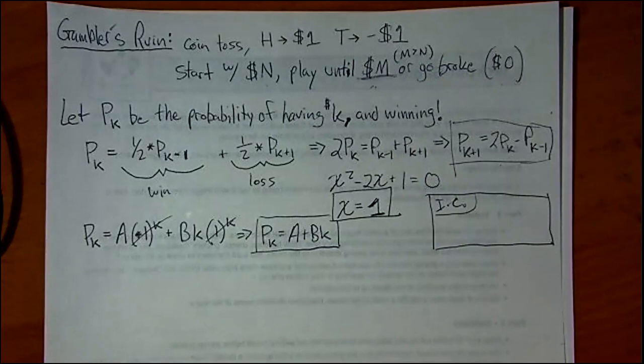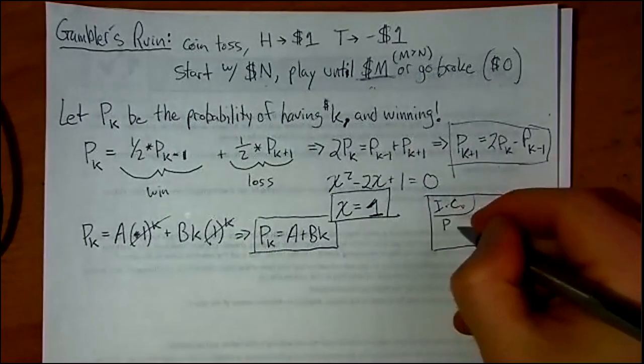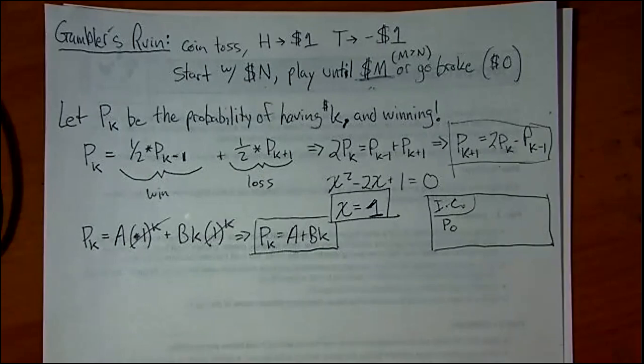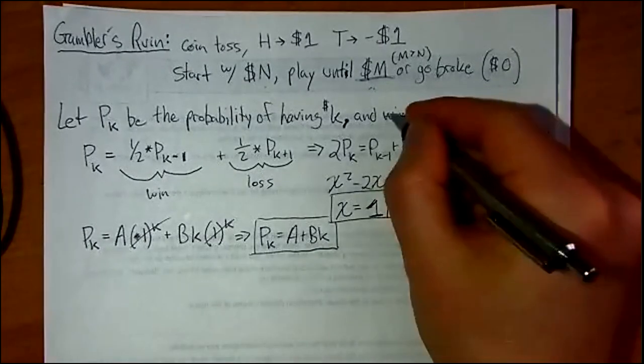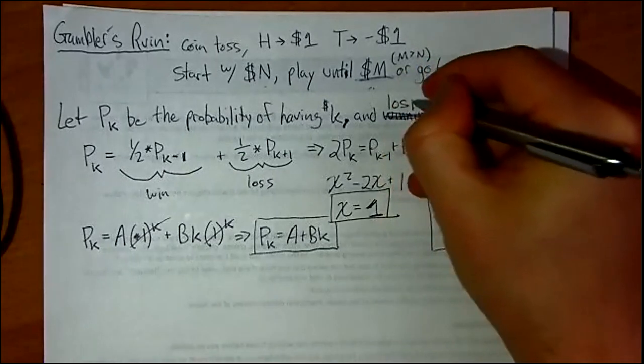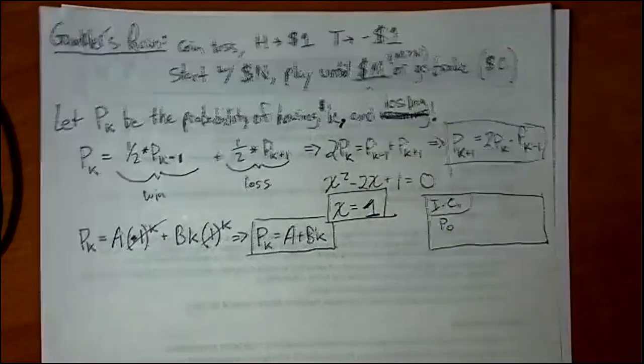So, what's the probability of having $0? And losing. Sorry, wrong one. Gotta say it correctly. Losing. All right, there we go.